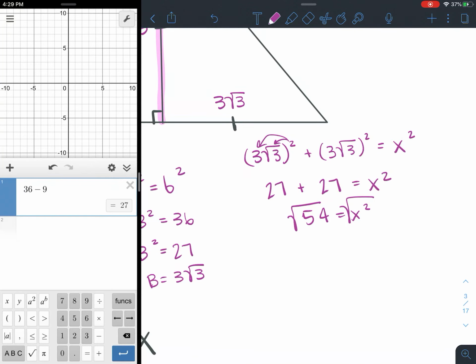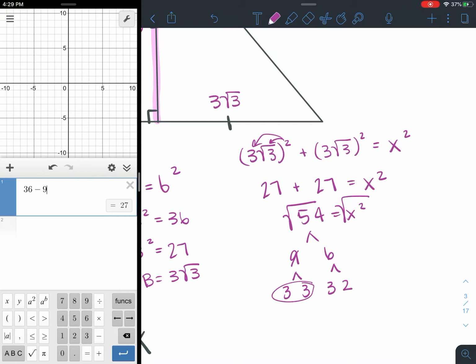And when I take the square root of both of those, this is 9 times 6, 3 times 3, and 3 times 2. So I have a pair of 3's. Both of these guys stay. So I have 3 square root 6 as my c value.